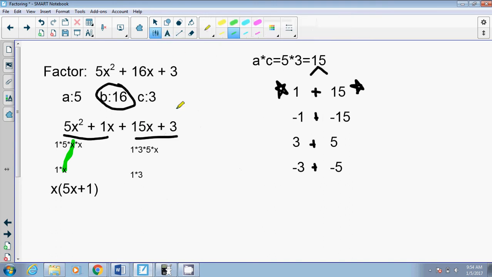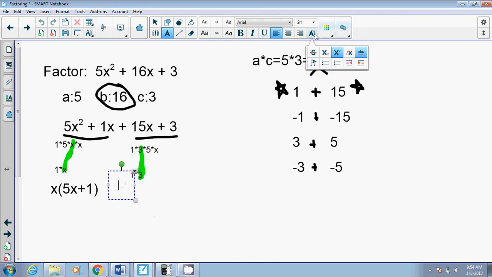So when you look at these two, hopefully you see what they have in common is the 3. So my GCF is 3. That means that's what I'm going to be able to factor out of these 2 terms. Again, you can divide the GCF into this, or you can look at what's not circled. So 1 times 5 times x is 5x. And then in the last part, I have a positive 1.